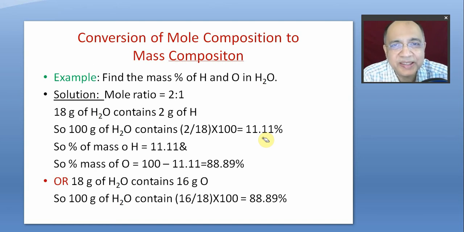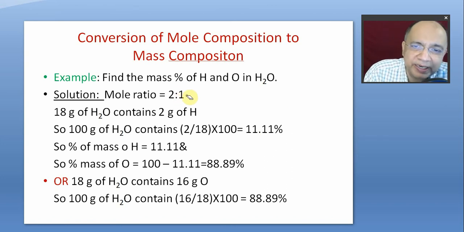Although in reality the empirical formula was determined from the mass composition, let us start our journey the other way around, that is, to find the mass percent from the empirical formula, right?